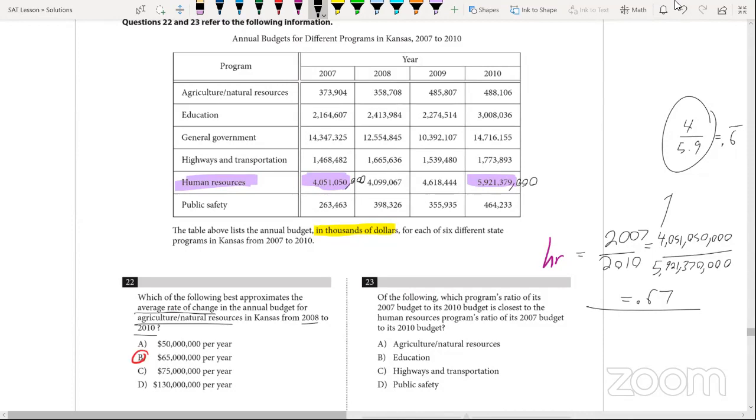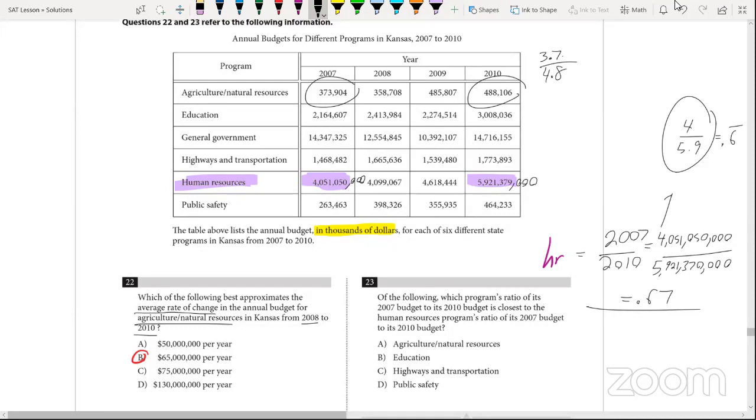So if we compare these sets of numbers, we're looking for the one that has like a 4 to 6 relationship, slightly smaller on the top, slightly bigger on the bottom. So for agricultural natural resources, I could see that as 3.7 over 4.88 or 4.9. That looks good.